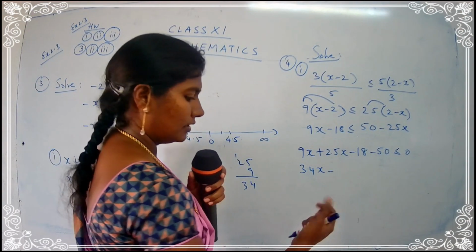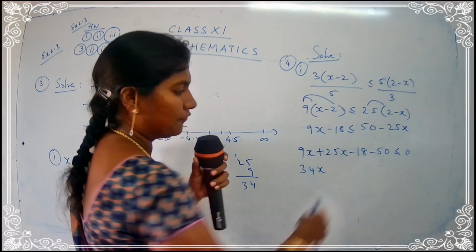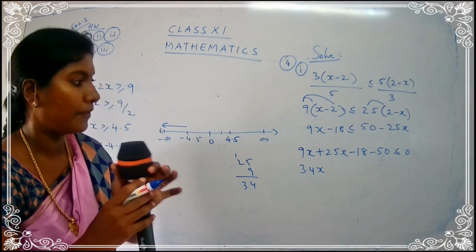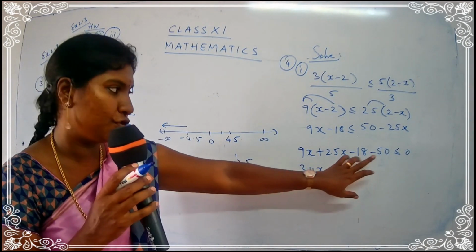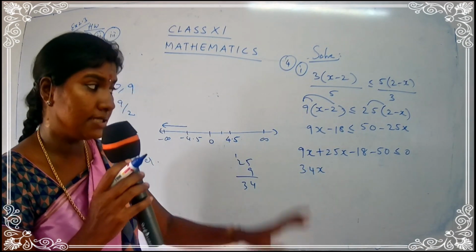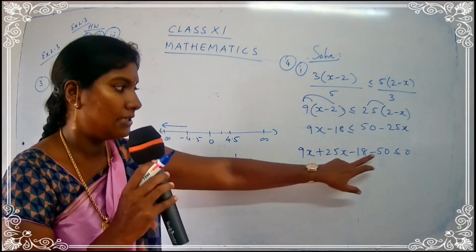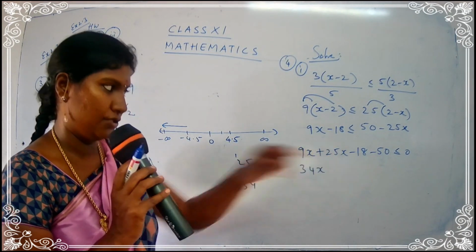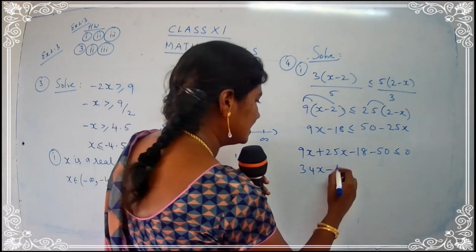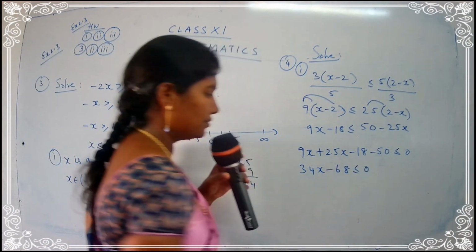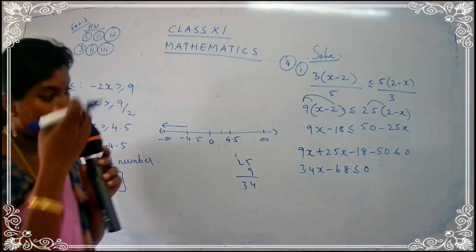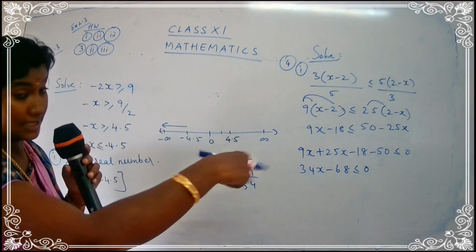Minus 18 minus 50: minus minus gives you plus, so 50 plus 18 is 68, and the sign of the bigger number is minus. So you write down here 34x minus 68 less than or equal to 0. Clear, children? So I'll try to take the 68 to that side.